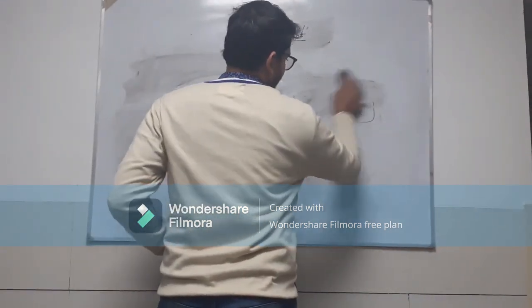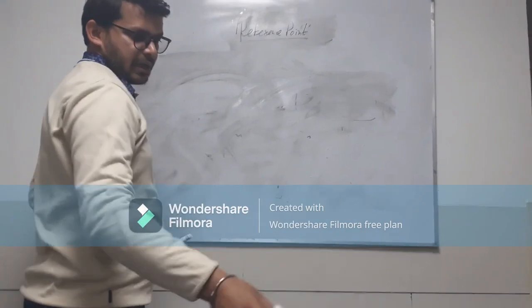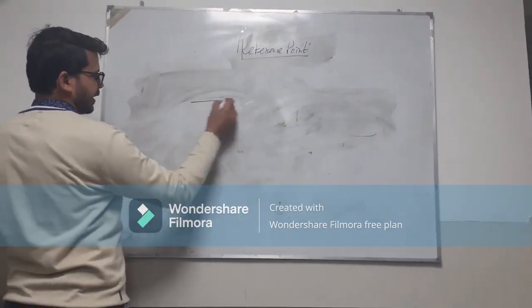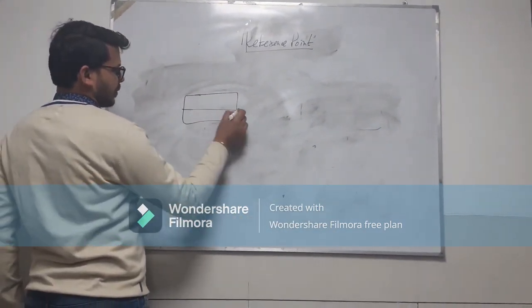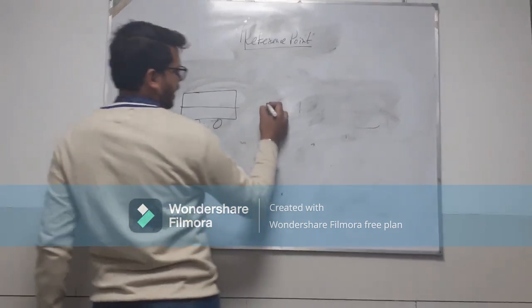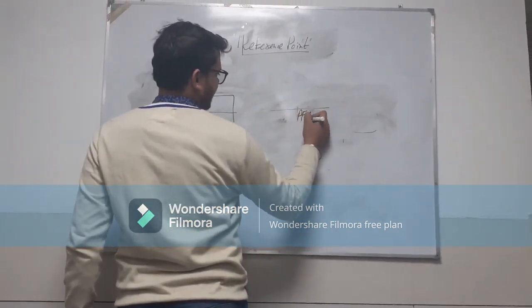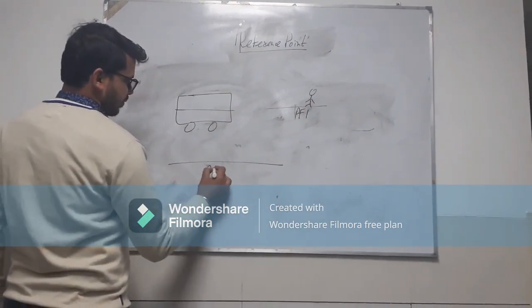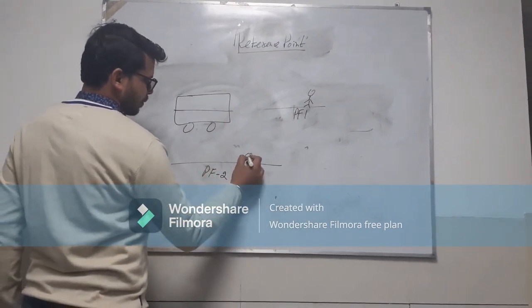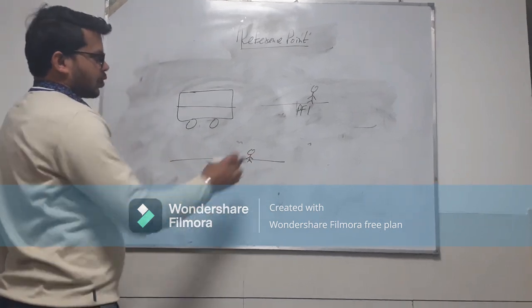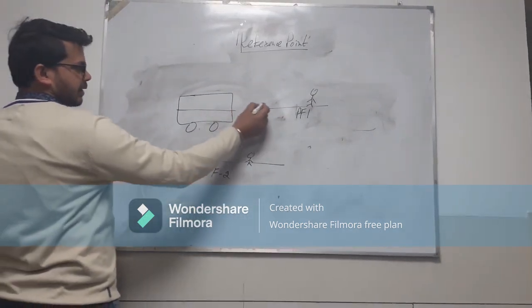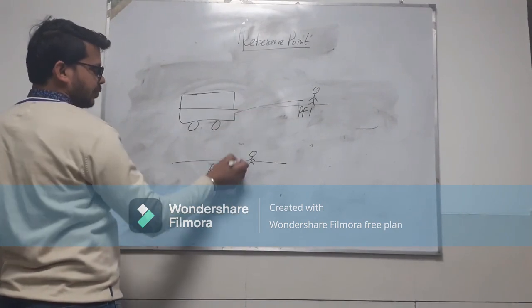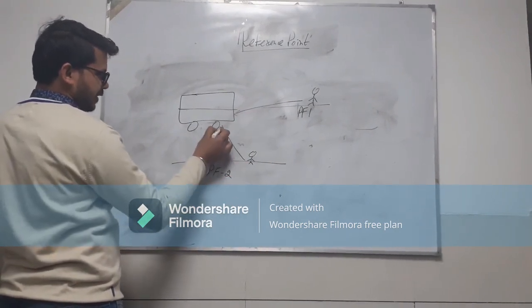I will explain one thing. See, if a train is moving on the track, and this is platform number 1. One person is standing at platform number 1, and one person is standing at platform number 2. According to the person at platform number 1, the position of the train will be different. According to the person at platform number 2, the position of the train will be different.